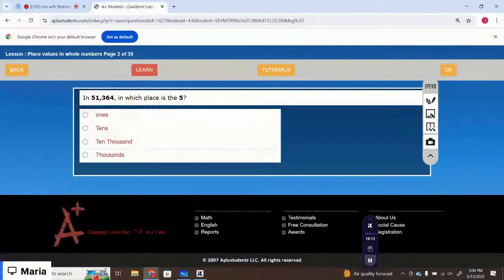In 51,364, in which place is the 5? So which is the correct option? Five is at the 10,000 place. The correct option is 10,000. Option number 3 is the correct option.